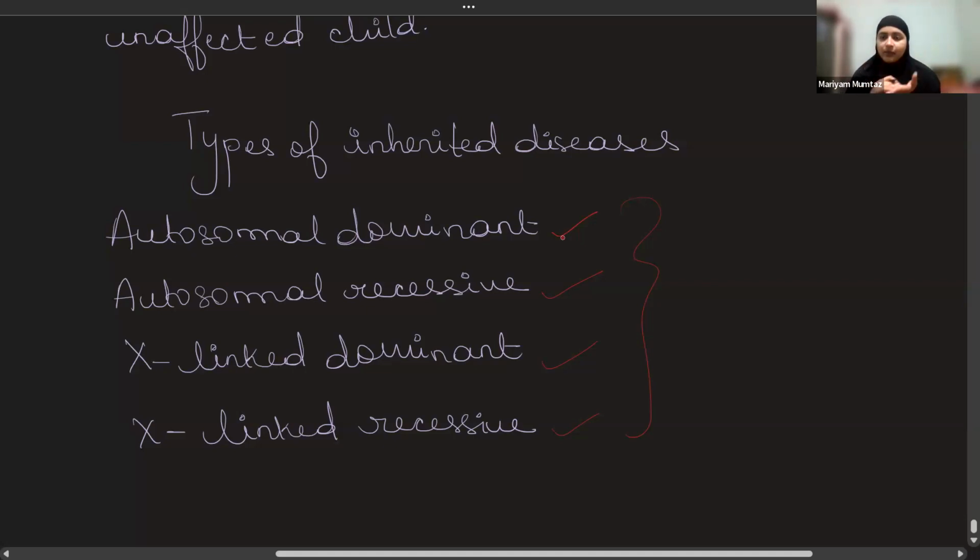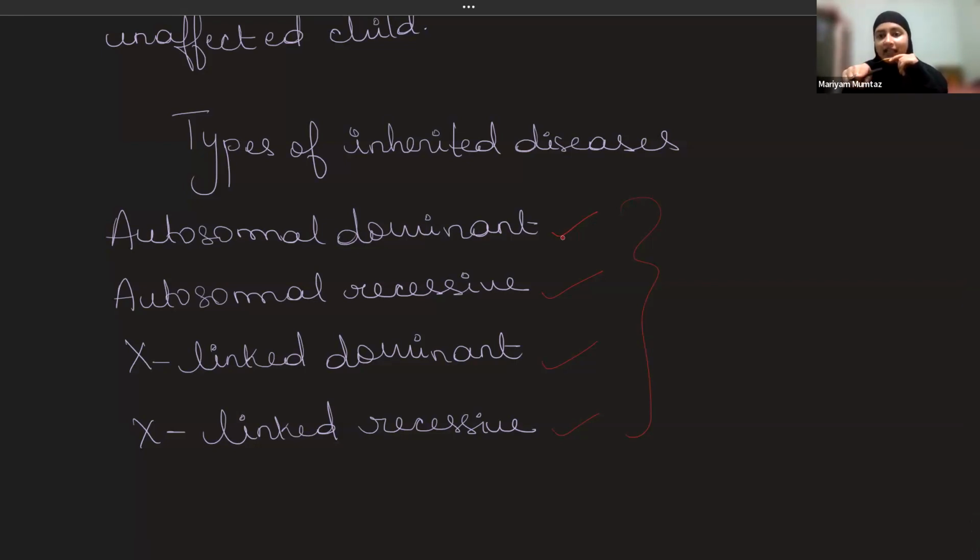They'd ask you whether the disease or the trait is autosomal. If it is autosomal, is it autosomal dominant? If it is autosomal recessive, and the same goes for the X. These kinds of questions can come from this particular topic. So pedigree analysis is clear to you?